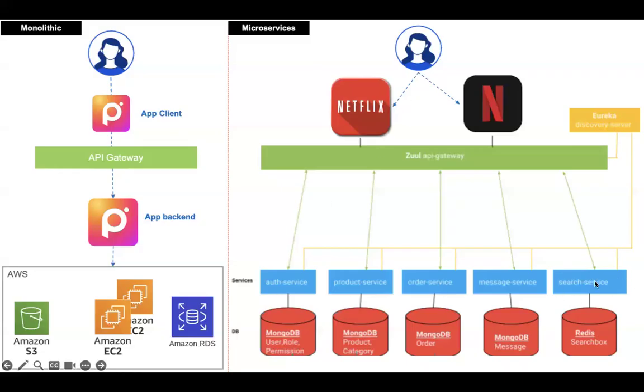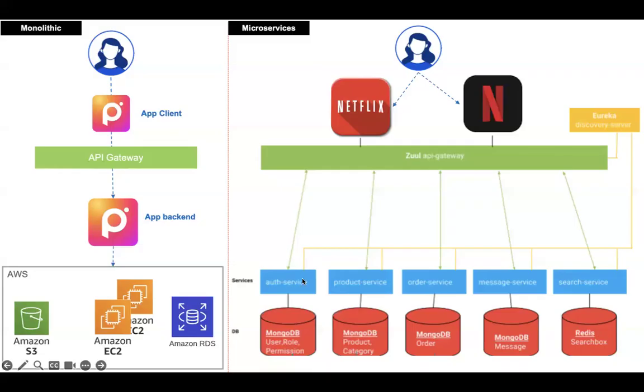The search service provides the ability for users to search for movie titles. And the order service is maybe used when users sign up for the Netflix service. Each microservice has its own storage databases, and the microservices communicate with each other as needed, but they can scale independently.